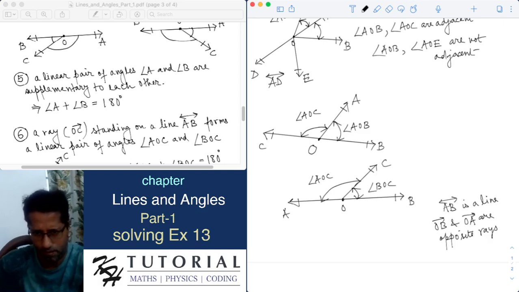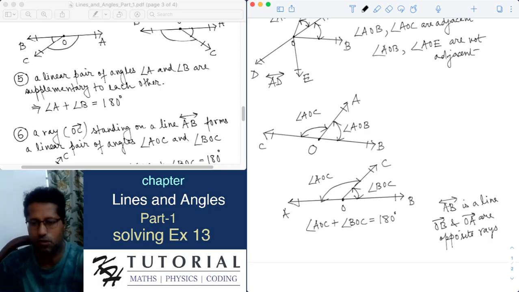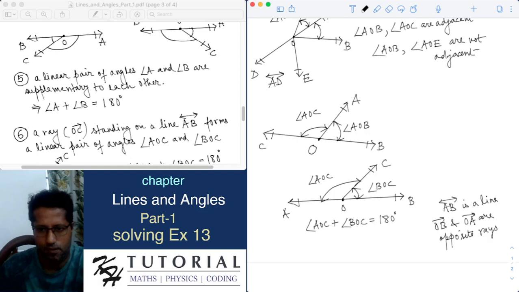So angle AOC plus angle BOC will be equal to 180 degrees. So the sum of any linear pair of angles is always 180 degrees. Always keep this in mind. Or you can say that a linear pair of angles are supplementary angles, or they are supplements of each other.